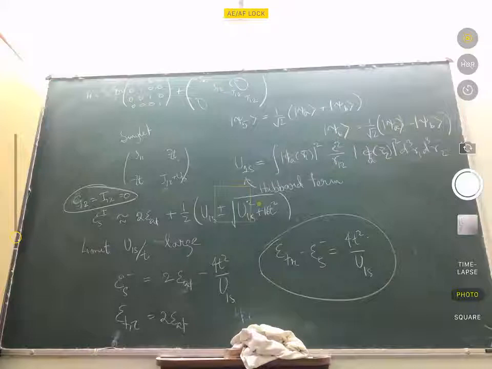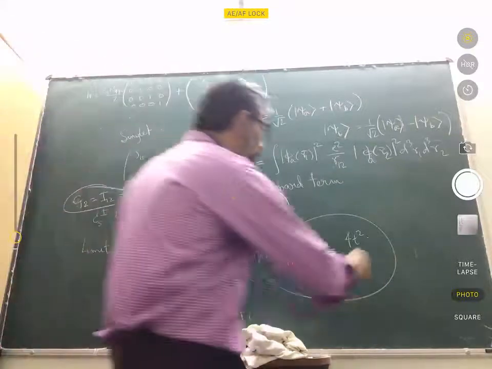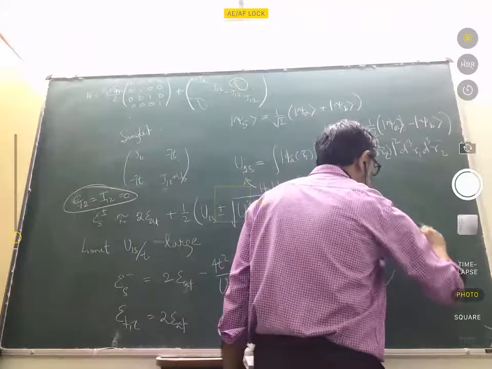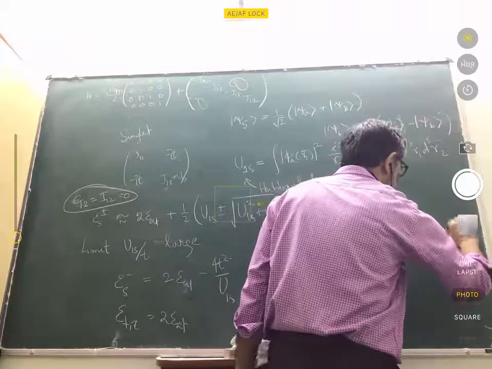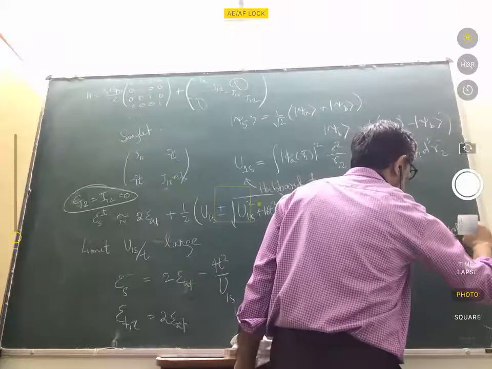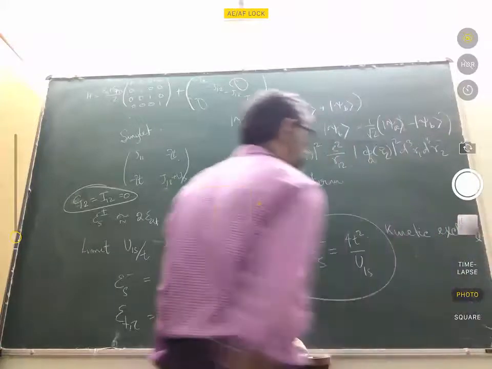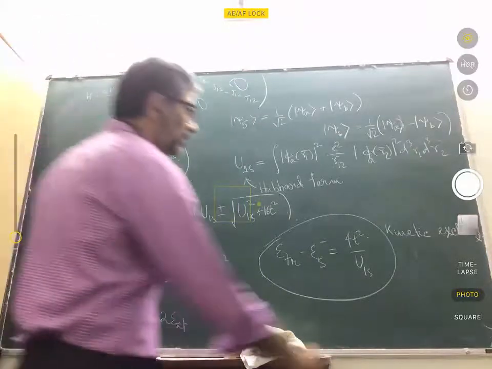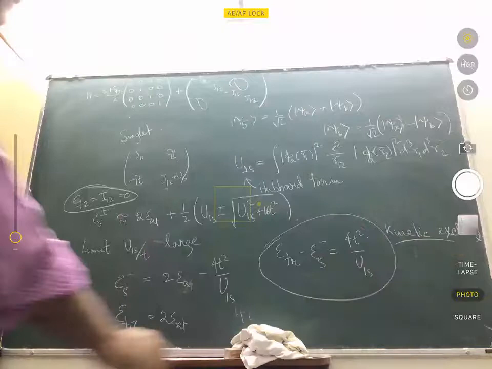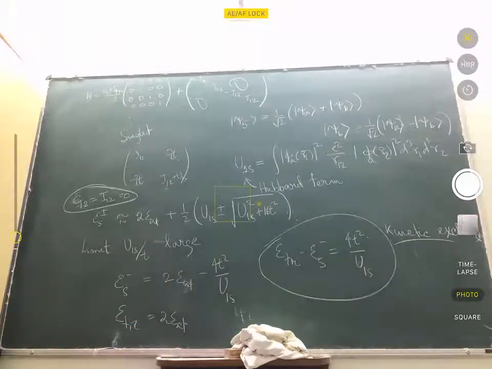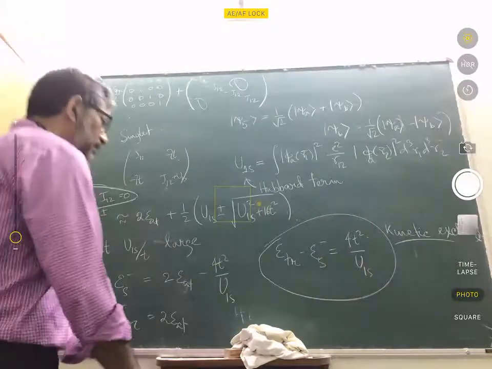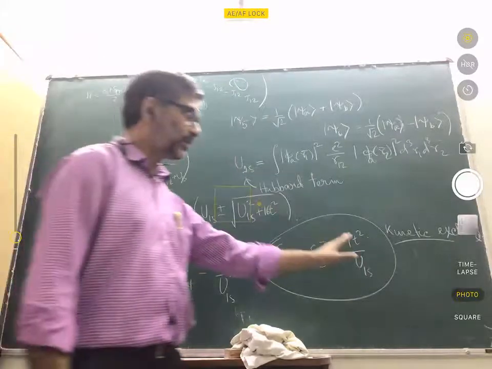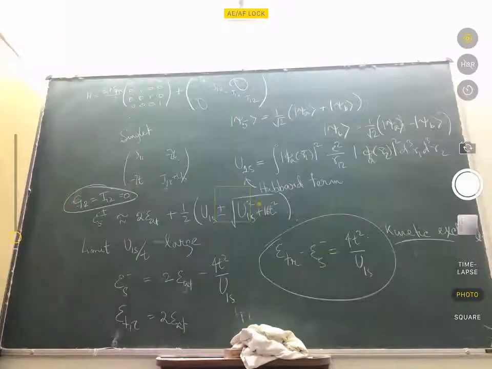And this exchange mechanism is called the kinetic exchange. So we learned about direct exchange, and now kinetic exchange. Direct exchange between non-orthogonal orbitals can be both ferromagnetic and antiferromagnetic, and kinetic exchange in the form that we learned here gives you an antiferromagnetic coupling.